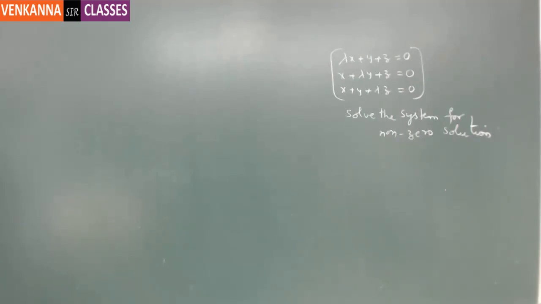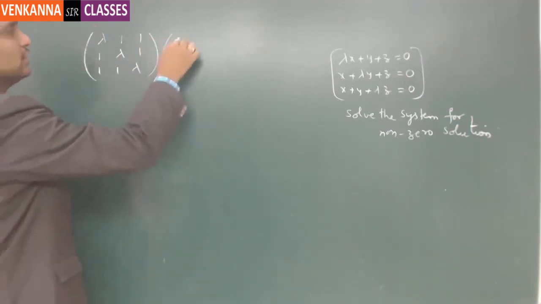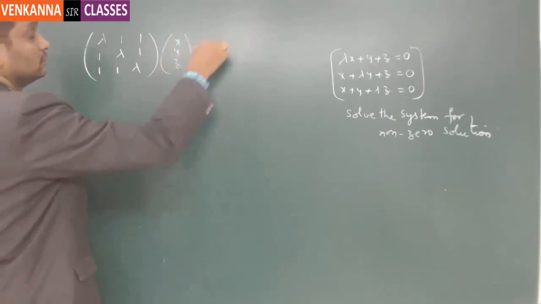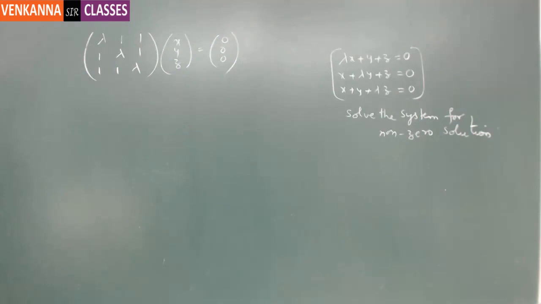So if you have written the equivalent matrix form here, lambda 1 1, 1 lambda 1, 1 1 lambda, of x y z equal to 0 0 0. Straight away, to have a non-zero solution, we mentioned that the determinant of the matrix must be equal to 0.